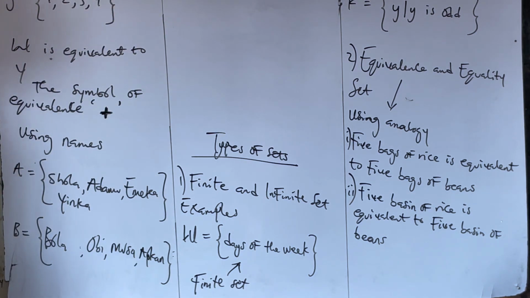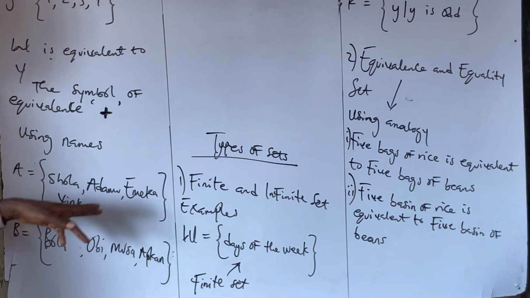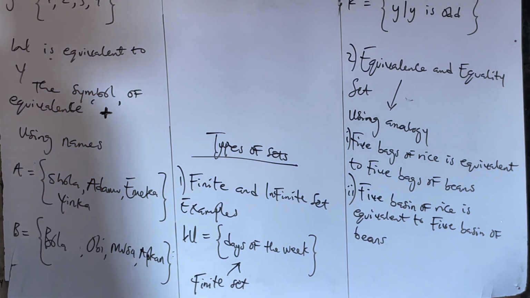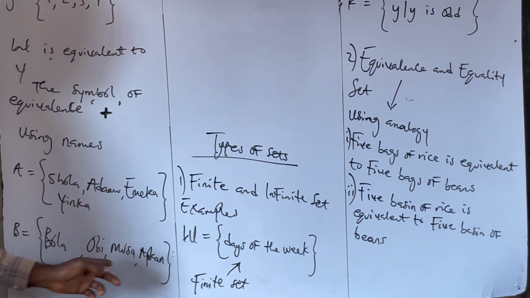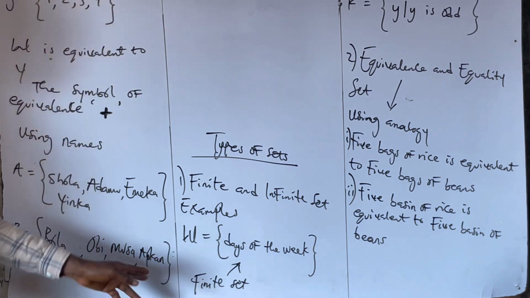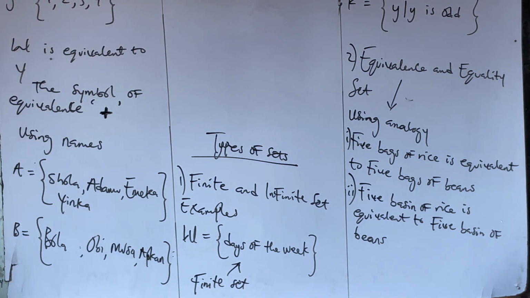That is equivalent sets. Remember, we have Adamu, Musa, Hausa, we have Obi, Emeka, Akpa, Yinka. That is for equivalence sets. So look at it again.